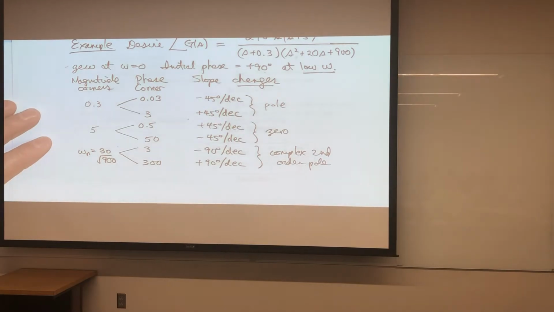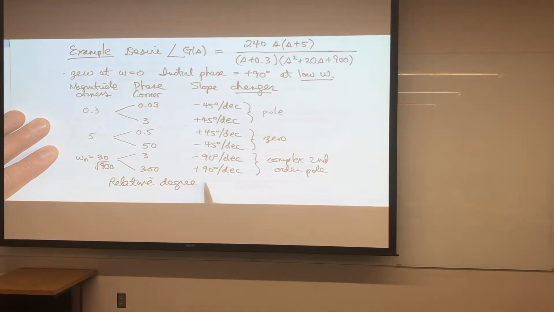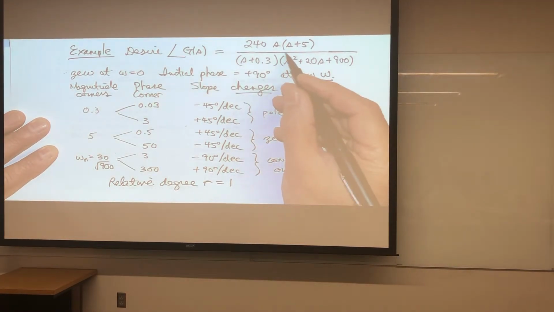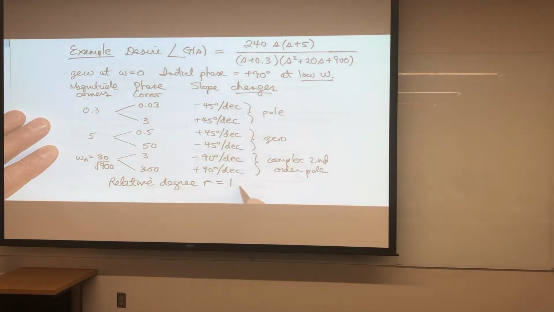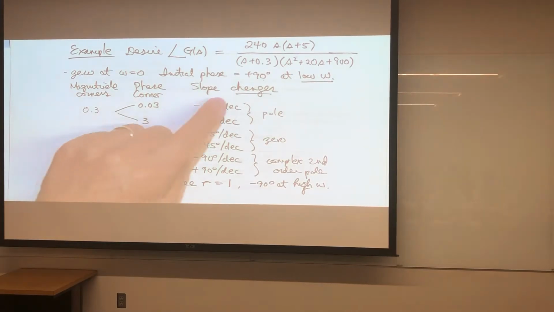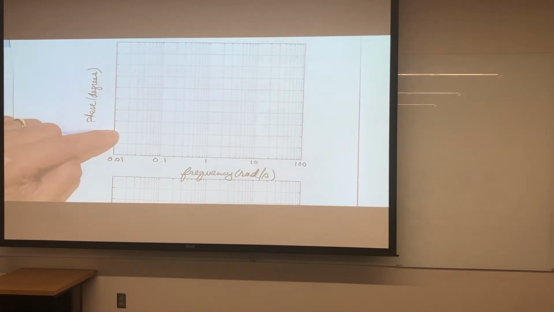Relative degree R is equal to 1. I have 3 poles, 2 zeros, so the relative degree is equal to 1. So it should be at negative 90 degrees at high omega. At low frequencies, I need to be at plus 90 degrees. At high frequency, I need to be at negative 90 degrees. So I need to make sure plus 90 and minus 90 are on my plot.